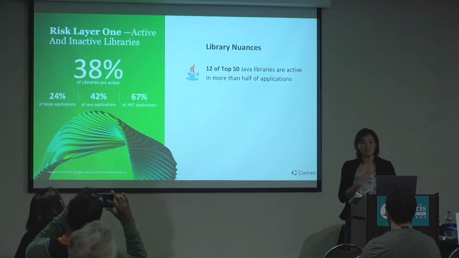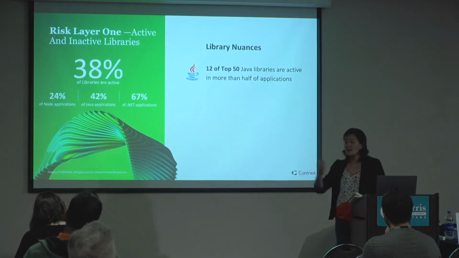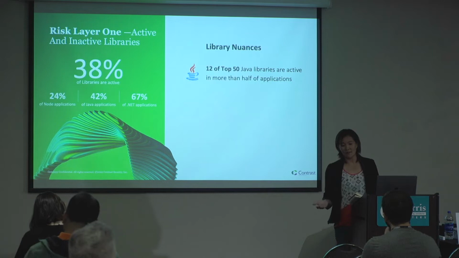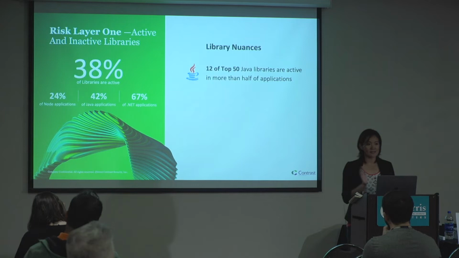If I were a malicious actor, which 12 would I focus on? The 12 that are in the top 50. I would look at which top Java libraries are used across more than 50% of applications, look for the CVEs, and try to write some exploit code for them. Because attackers aren't stupid.